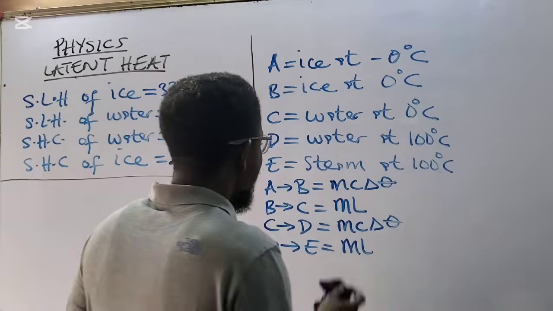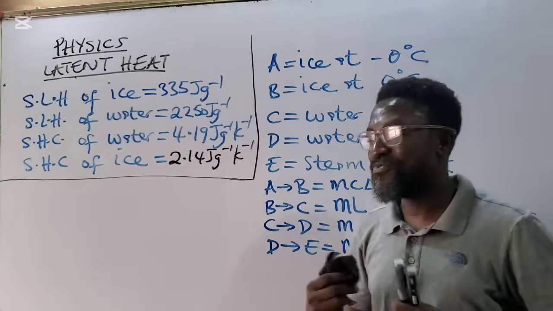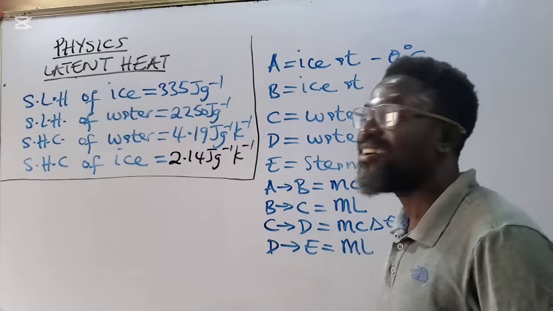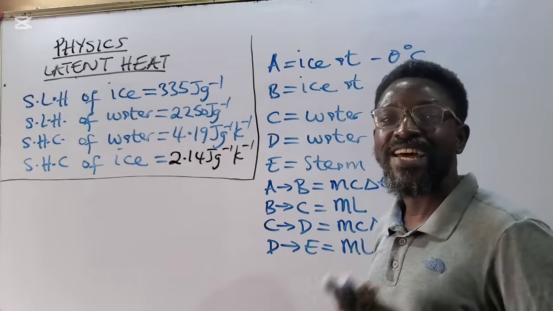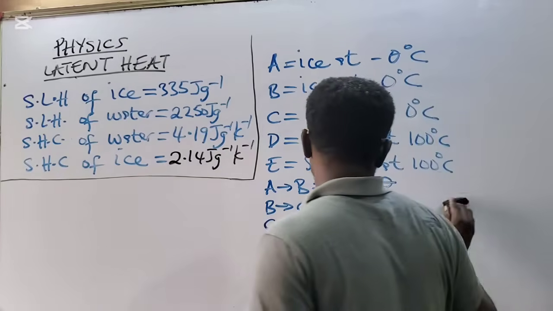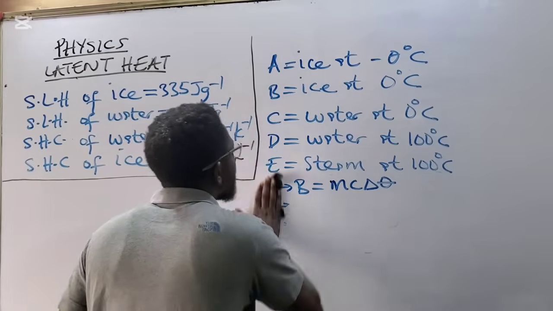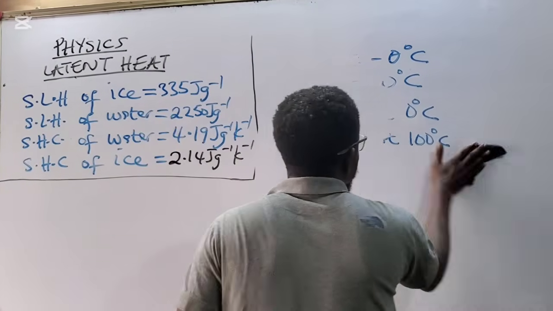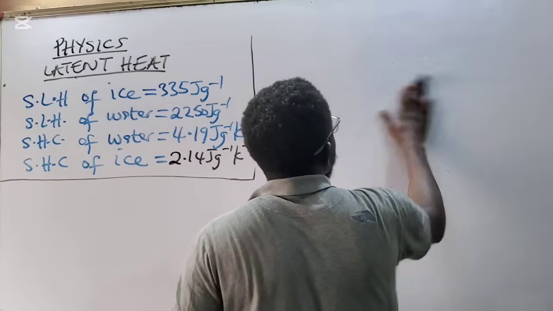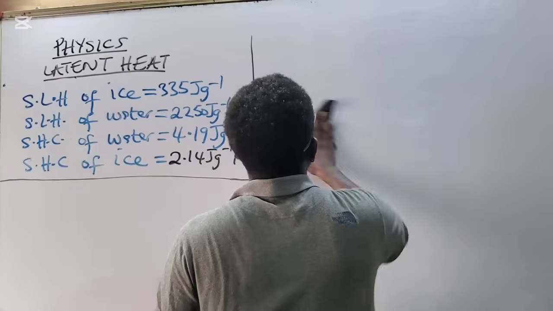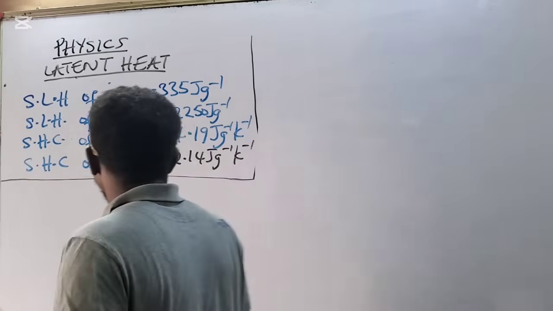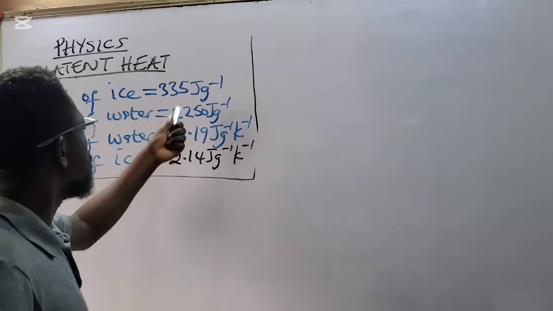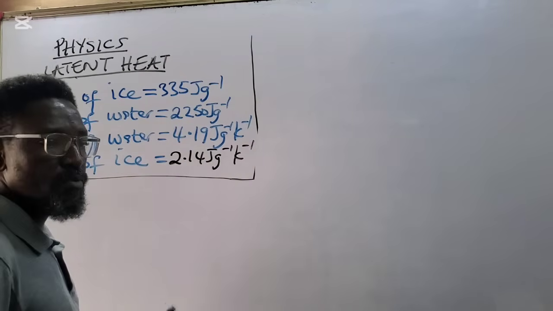Okay, let's take a look at the first example. Let's see how we can calculate questions under latent heat using that simple diagram I just showed you. Sometimes I give this unit in joules per kilogram per Kelvin, so it depends on what you have.